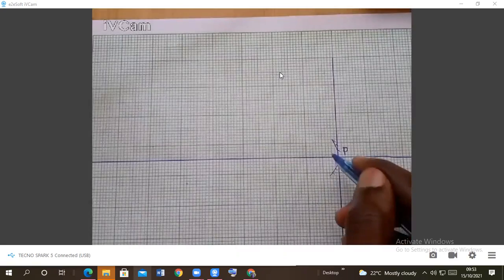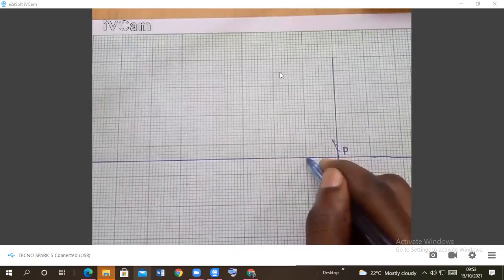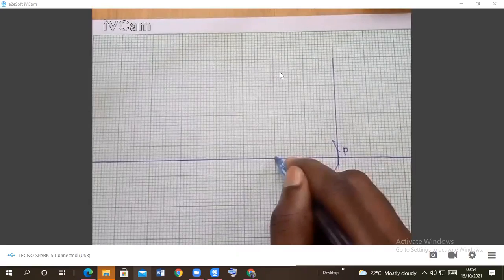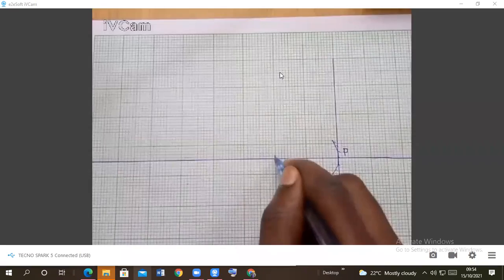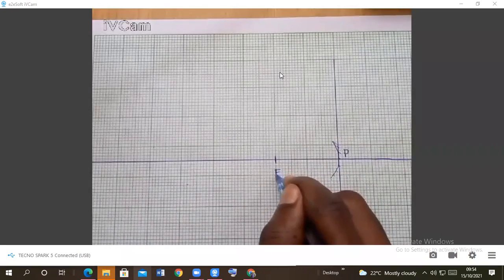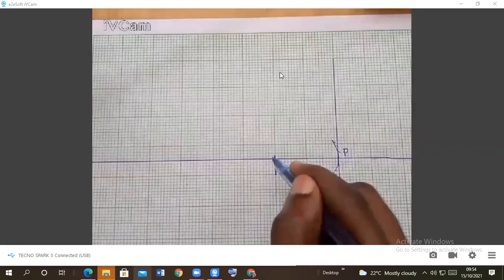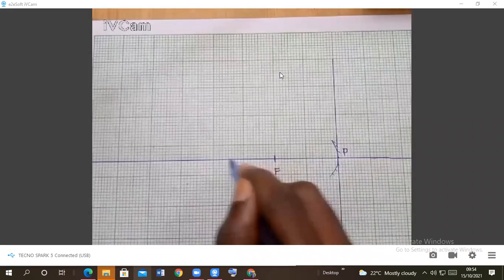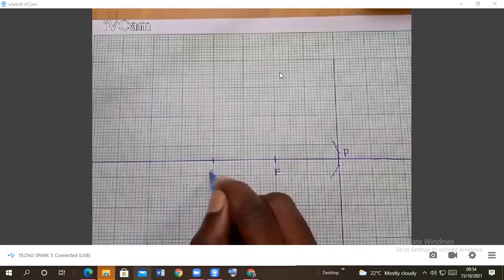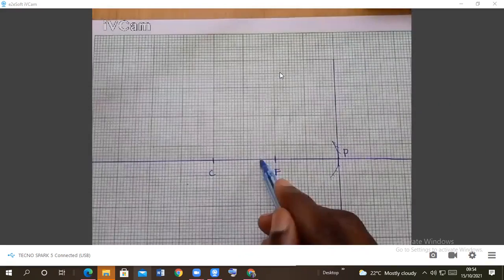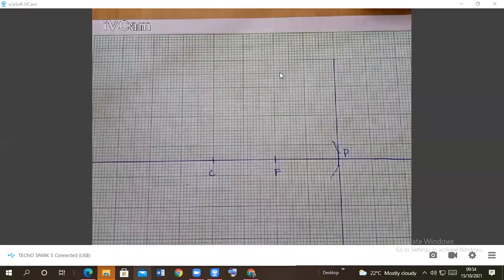So we count 1, 2, 3, 4. This is our focal point. Then again count 1, 2, 3, 4. This is your center of curvature. 1, 2, 3, 4. Just like that.